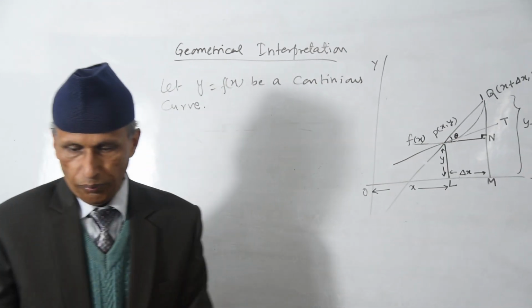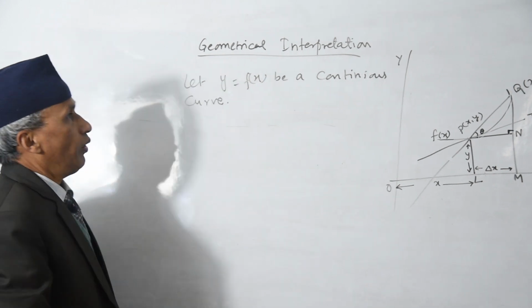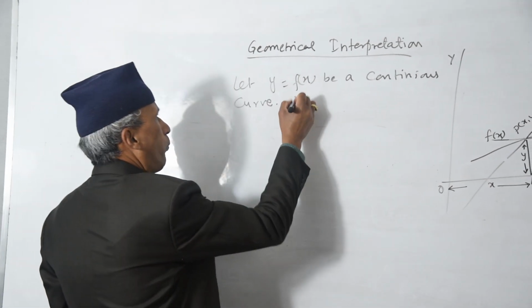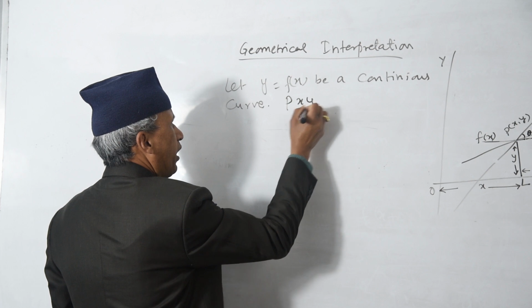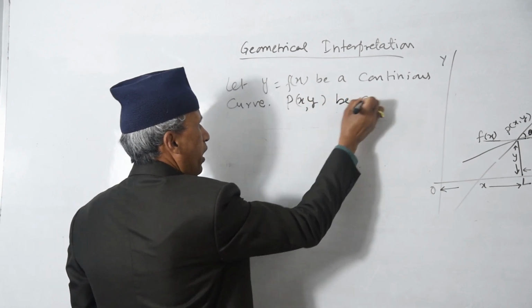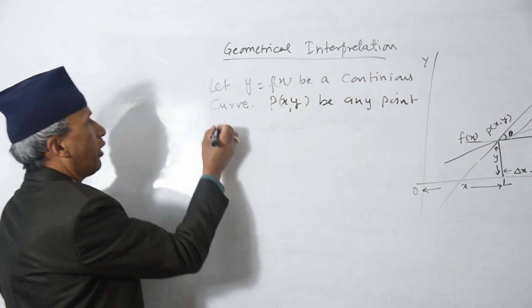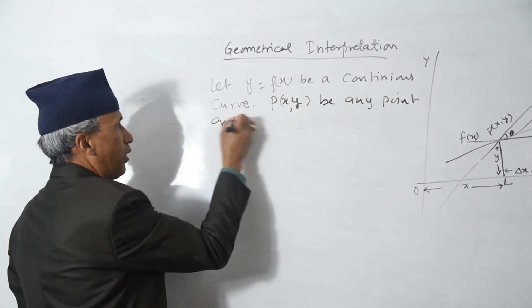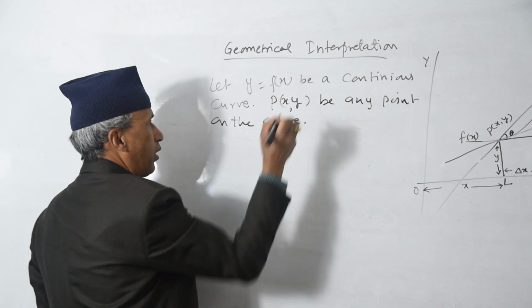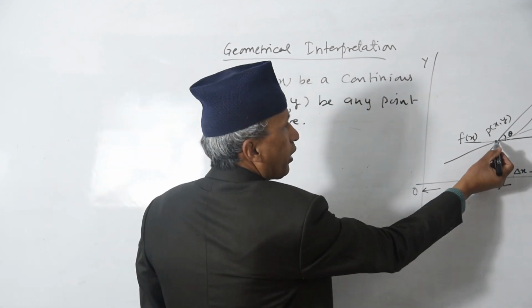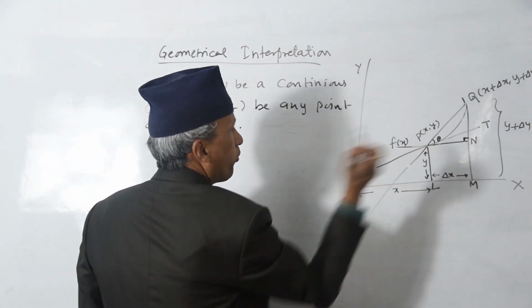Okay. P(x, y) be any point on the curve. This one, P(x, y) be any point on the curve.